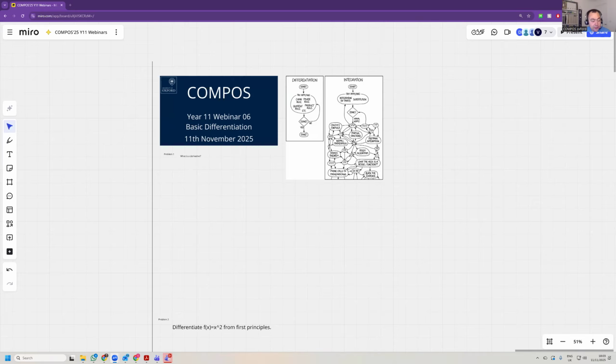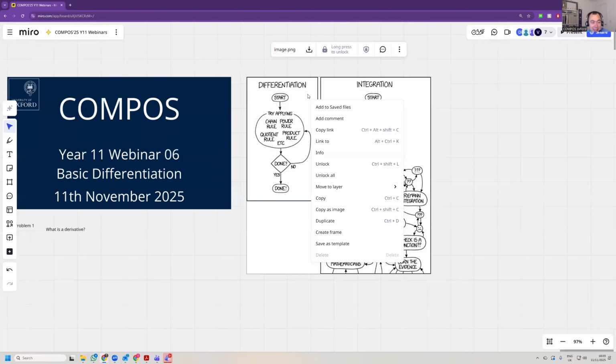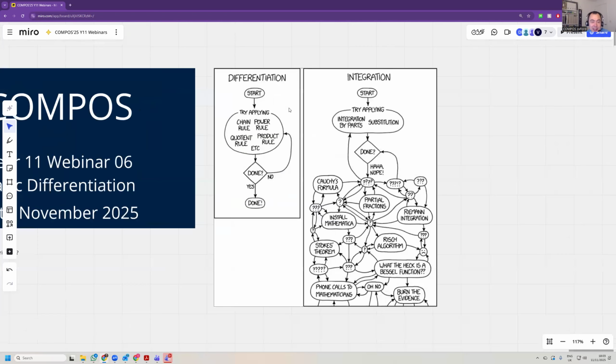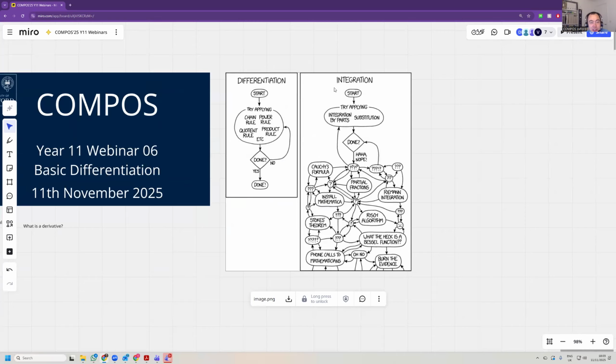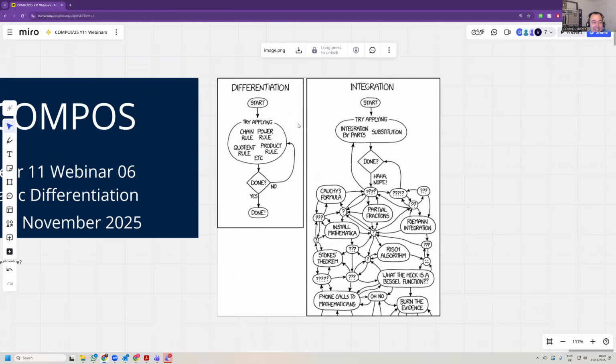A derivative is the rate at which something is changing. And the two pillars of calculus: basically, calculus is mostly about differentiation and integration. And this cartoon is a very realistic way of viewing differentiation and integration.